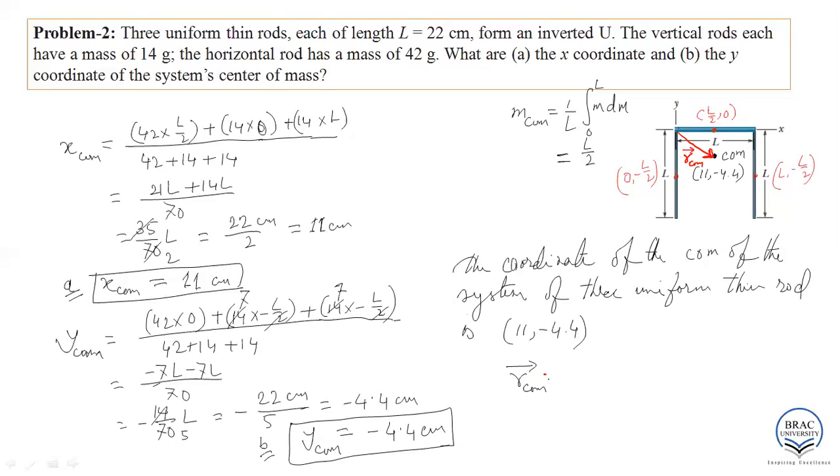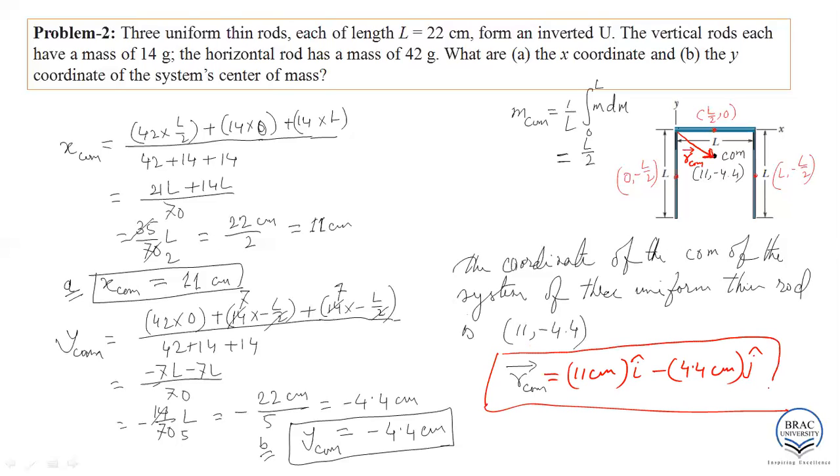So this r com is equal to 11 cm i unit vector, plus minus 4.4 cm j. So this is the expression in terms of position vector for the center of mass of this system of 3 uniform thin rods.